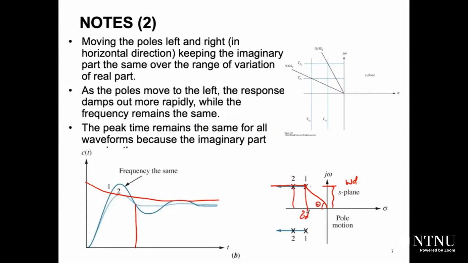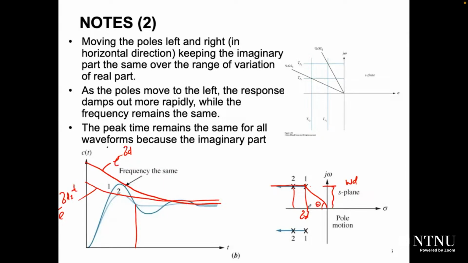We will have another sigma d, for example, which will increase. So we will get a faster response, 1 and 2. This is 1 and this is 2. This one will be exponential minus delta d t, and this one will be exponential minus maybe 2 delta d t, for example.